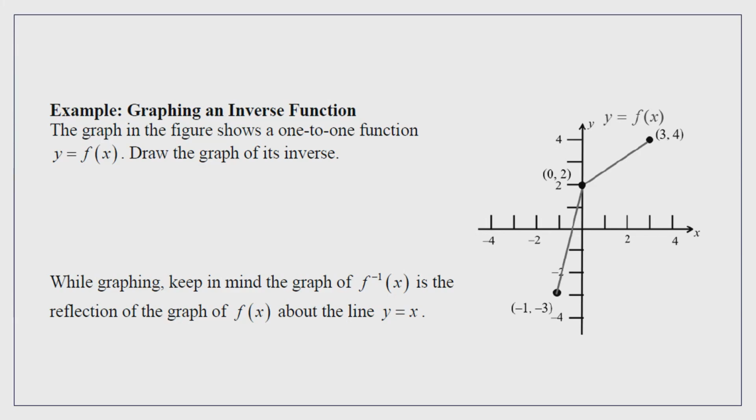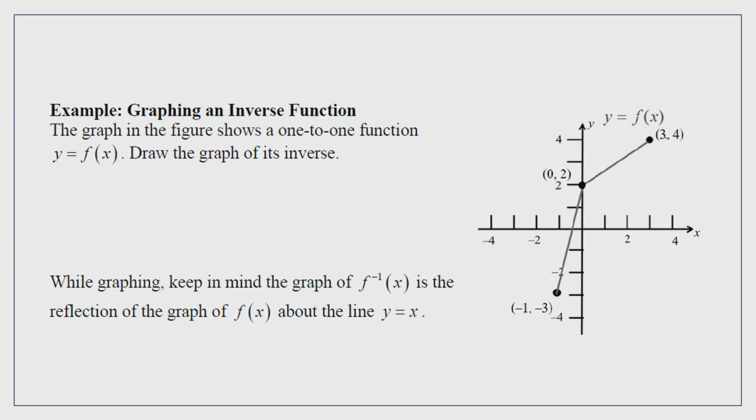So while we graph, I want us to keep in mind that the graph of the inverse function of f is the reflection of the graph of f of x about the line y equals x. Okay. So let's plot our points for our inverse function. So we're going to take each point one at a time and switch the x and y coordinate.